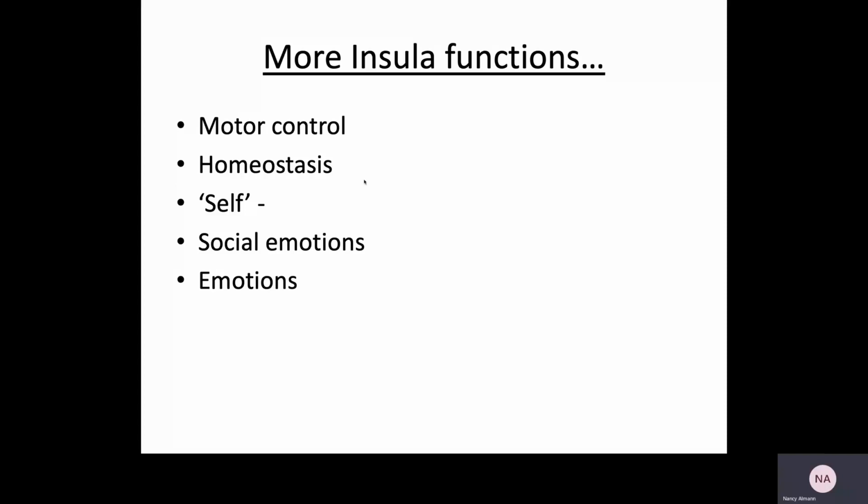Social emotions and emotions, that has to do with feelings. The thing that I really remember quite vividly were our feelings of disgust if you see something that is appalling. So yeah, insula has a number of functions, many of which are not too terribly well understood and are also interconnected with other parts of the brain.